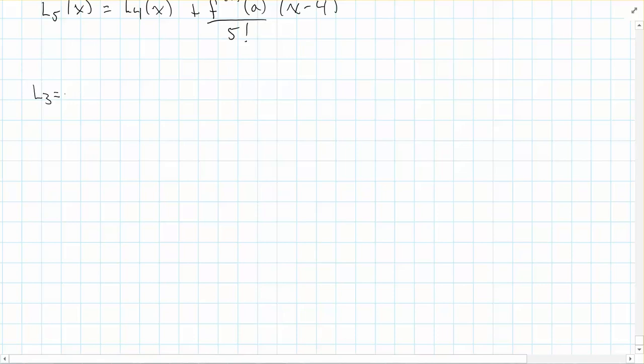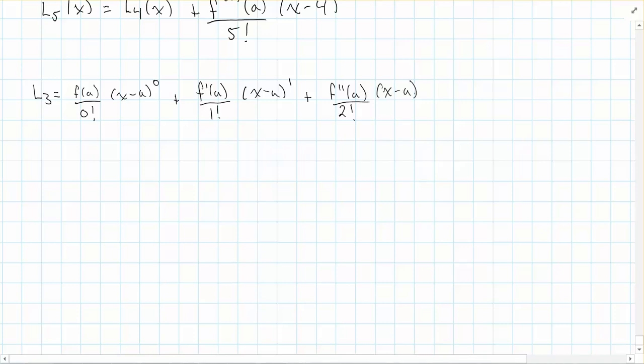What we determined here is that we could write this, and L3 just means it's a third degree approximation, as f at a over 0 factorial times x minus a to the 0 power, plus f prime at a over 1 factorial times x minus a to the first power, plus f double prime at a over 2 factorial times x minus a squared, plus f triple prime at a over 3 factorial times x minus a to the third power.